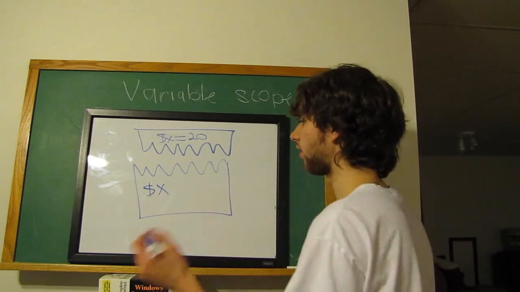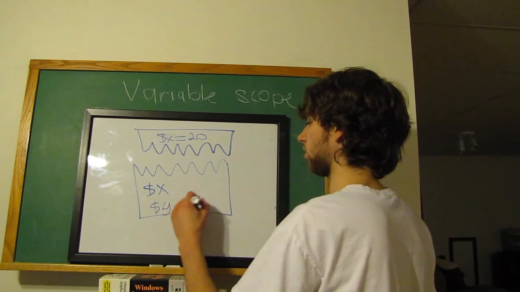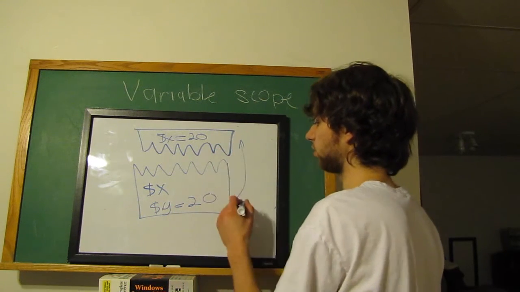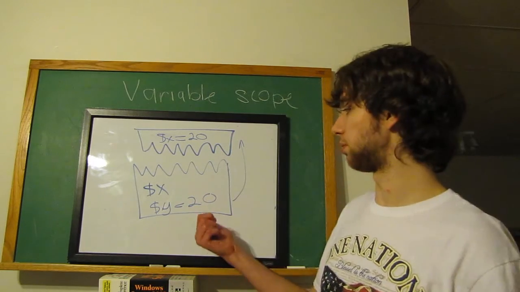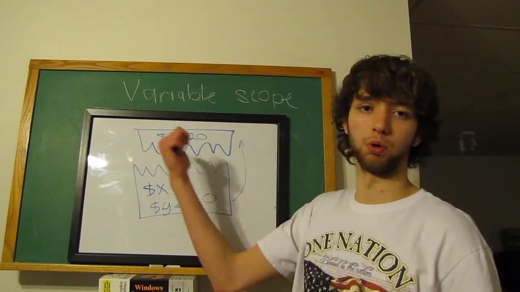But if you define a variable down here, you can't use it before, you can only use it after. So you're not going to be able to use variable y unless you define it before it's used.